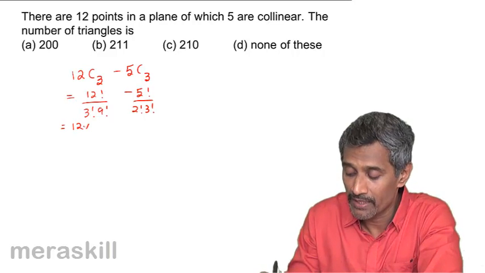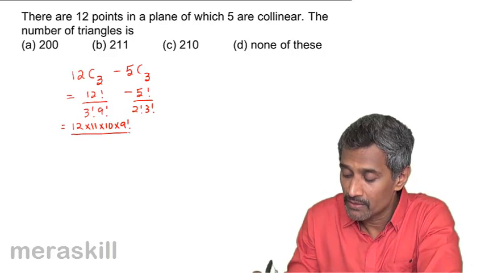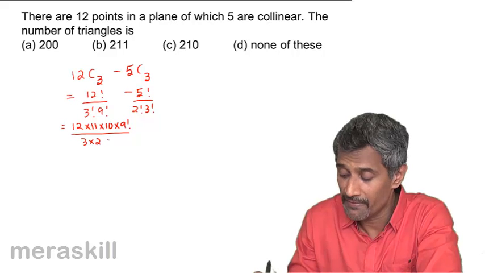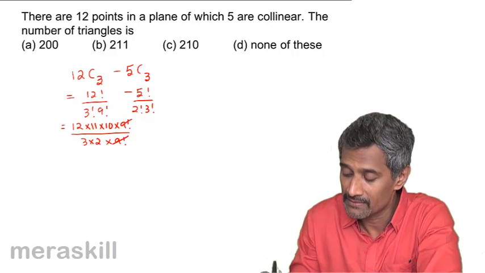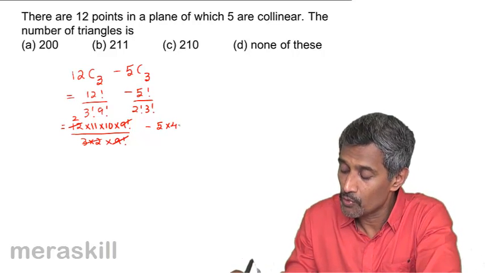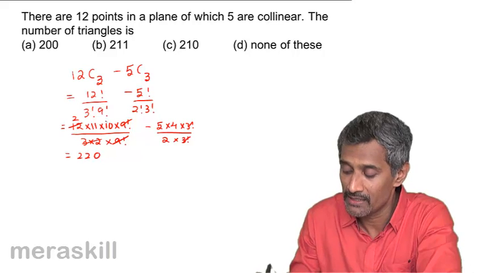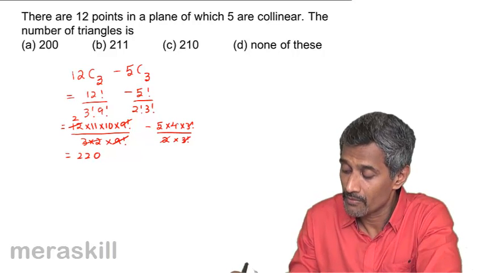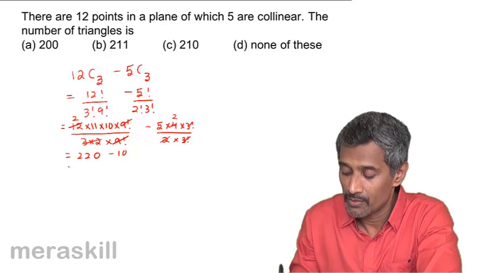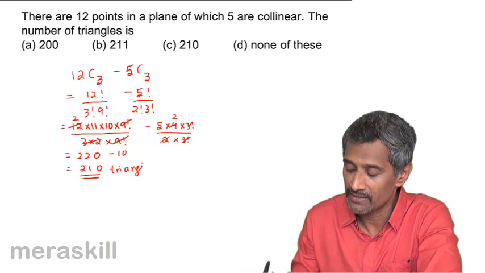This turns out to be 12 into 11 into 10 into 9 factorial upon 3 into 2 into 9 factorial, minus 5 into 4 into 3 factorial upon 2 into 3 factorial. The 9 factorial cancels, and this turns out to be 220 minus 10, which is 210. So 210 triangles can be formed out of these.